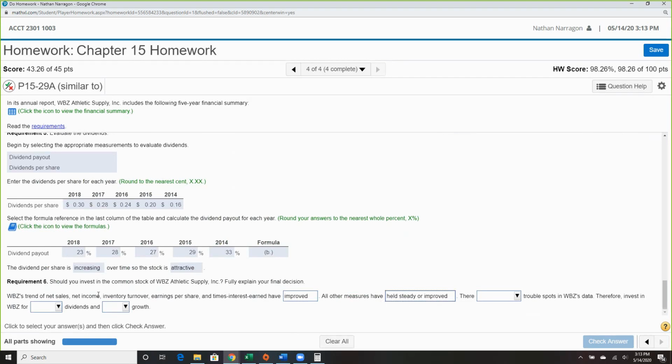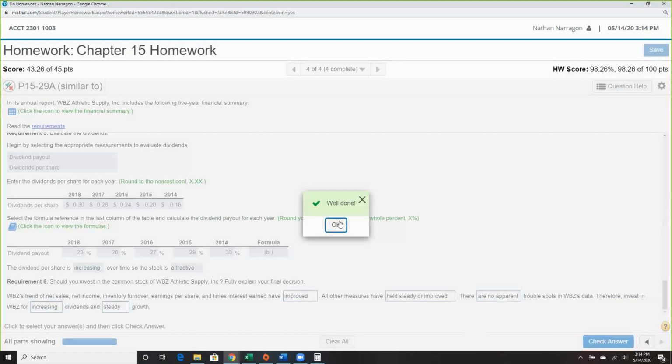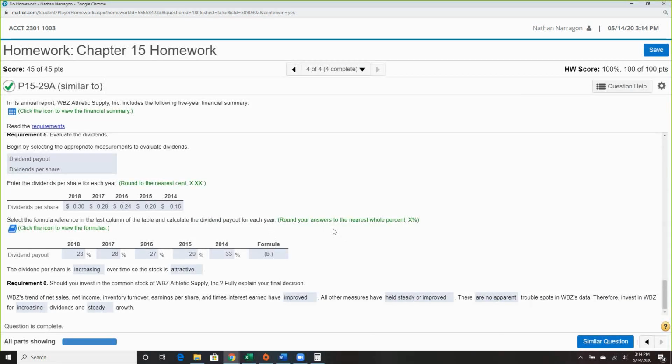Because again, it's going through all these. And basically right here I can show that it's held steady pretty much. And that's it.